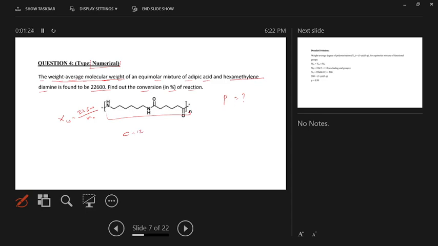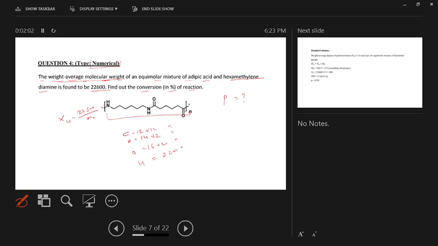Carbon is 12, so 12 into 12. Nitrogen is 2, so 14 into 2. Oxygen is 2, so 16 into 2. Hydrogen is 22, so 22 into 1.